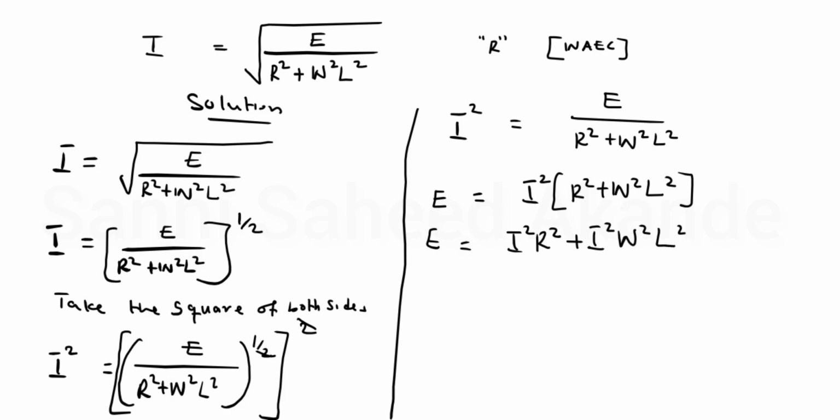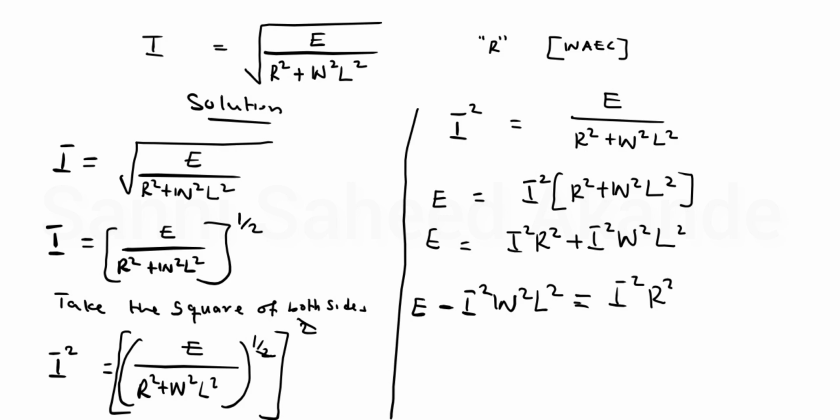Okay, so I'm going to bring this I squared w squared l squared at the right hand side to the left hand side, and so I have E minus I squared w squared l squared to be equal to I squared r squared. Okay, so I'm going to divide both sides by I squared so that I can get the value of r that they asked me to calculate.